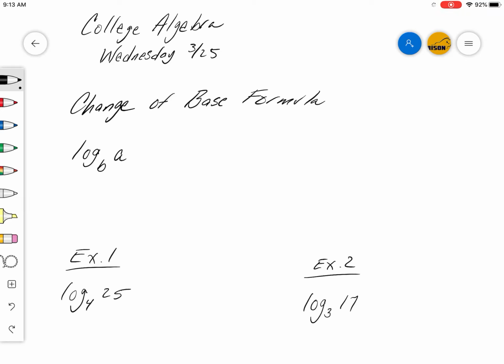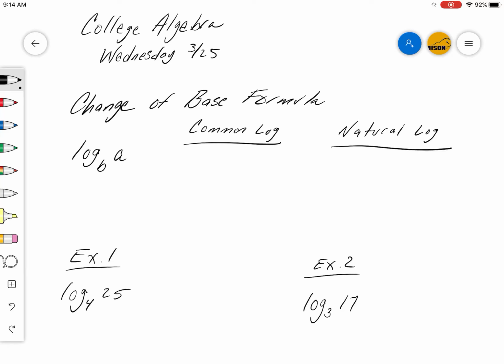Remember, I told you that the common log is base 10. That was something I forgot to put in on Monday. I can do it with the common log, and I can also do it with the natural log. So we're going to do it both ways. I'll do common log here, and then I'll do natural log over here.